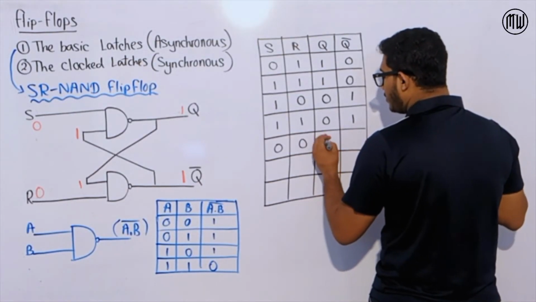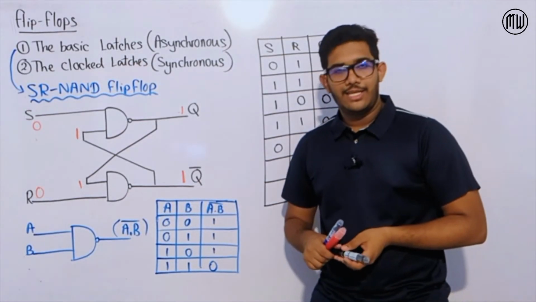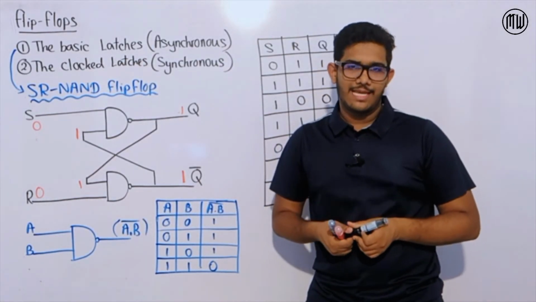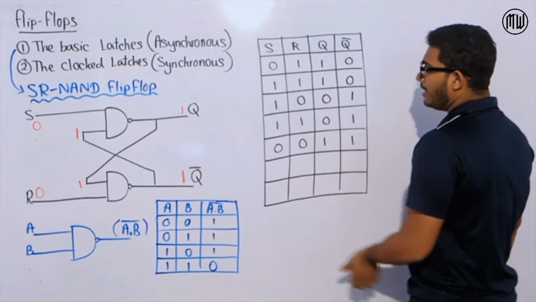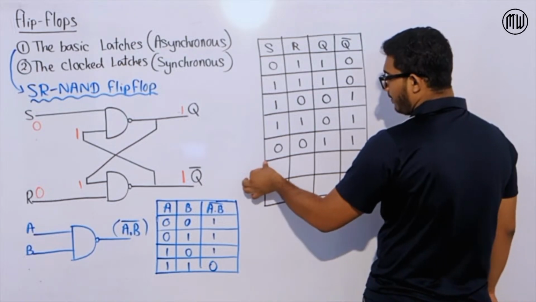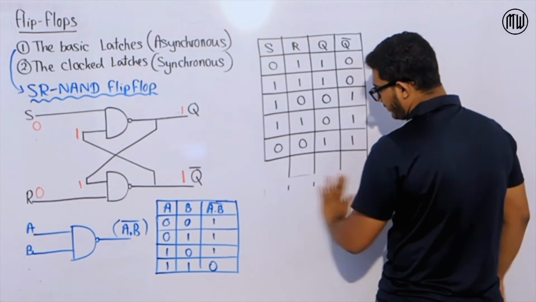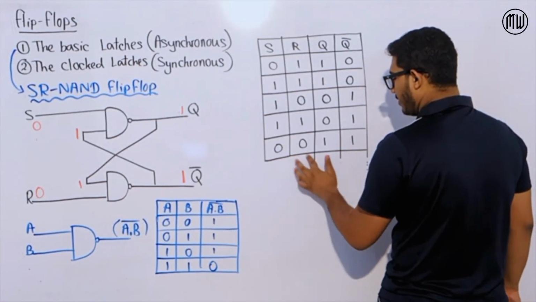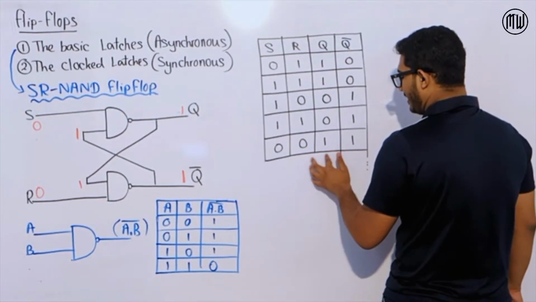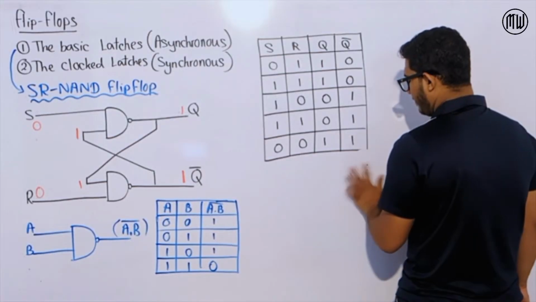There's a huge issue here, because Q and Q bar cannot be the same. It cannot be the same, so it doesn't really work. Now here are the things that you need to focus on in NAND flip-flops.